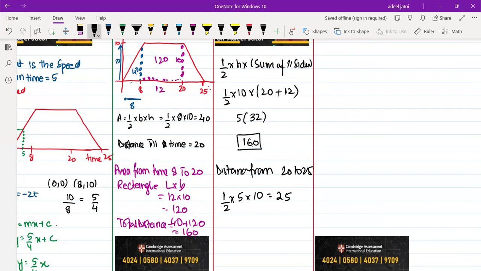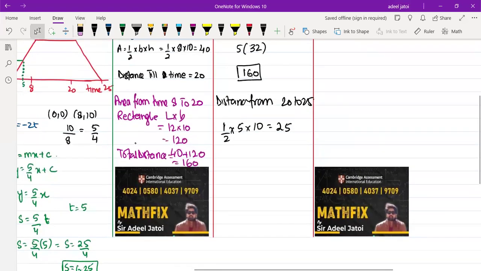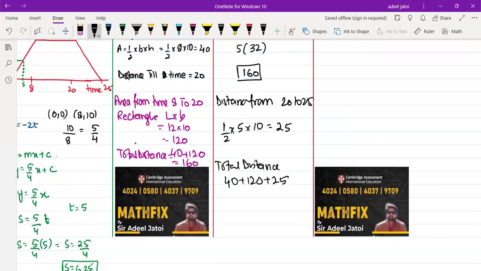So the base is 5, the difference of 20 and 25 is 5, and the height is 10. So that means the total distance will be 40 plus 120 plus 25, which will be equal to 185. The total distance will be 185.